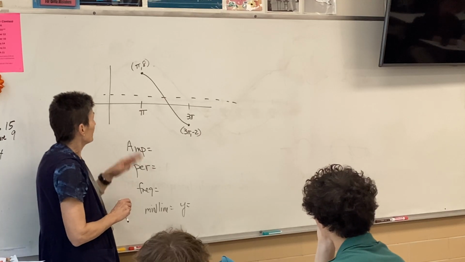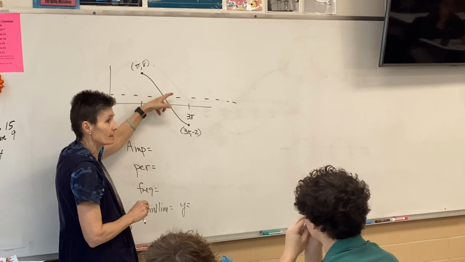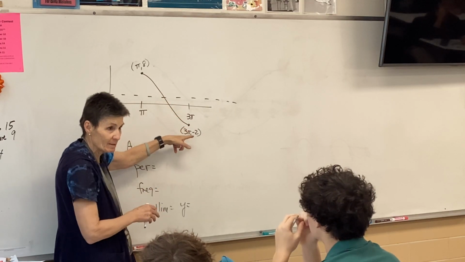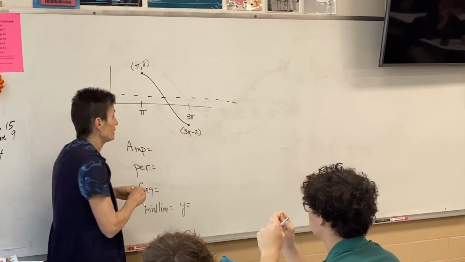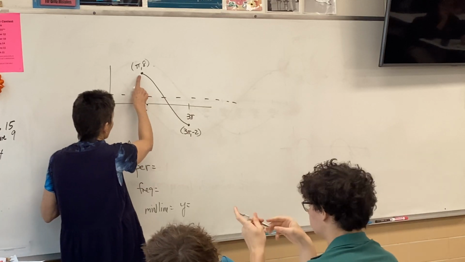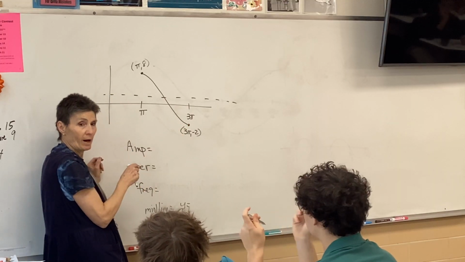So what they gave us was a max and then the consecutive min, right? And how far was that from the max to the min? Thinking of x, that was 2 pi.